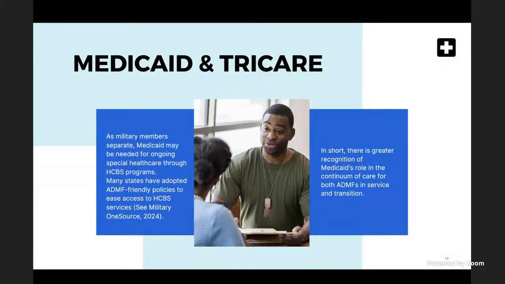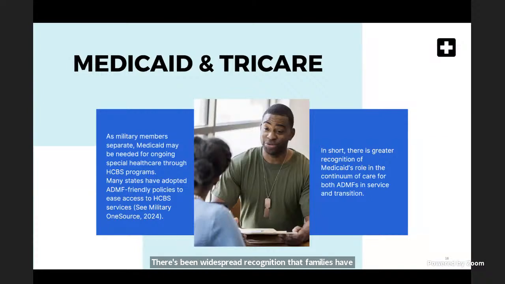So, for example, if I am in New York, the idea is that I can preserve my eligibility to apply for a waivered service, even if I'm PCS and I leave the state for a couple of years, and then come back, okay?